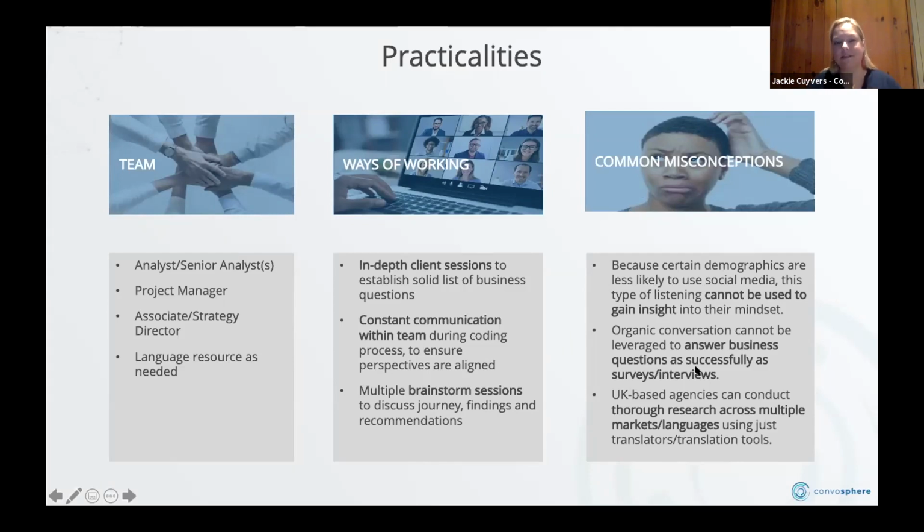There are millions of pieces of conversation and data happening on every therapeutic area, even rare diseases, and the answers are unsolicited, so there's no interviewer bias, and it reaches patients, HCPs, and caregivers globally. So you can understand the differences by market or by the experience in different countries.